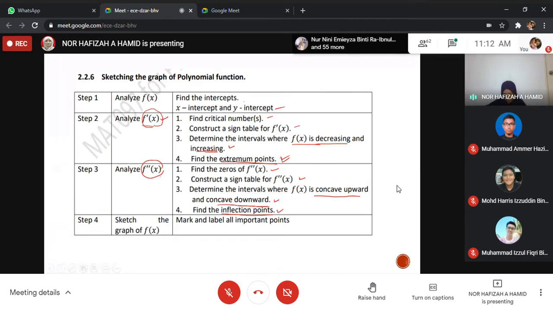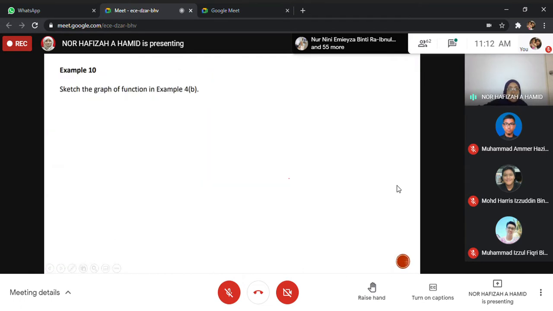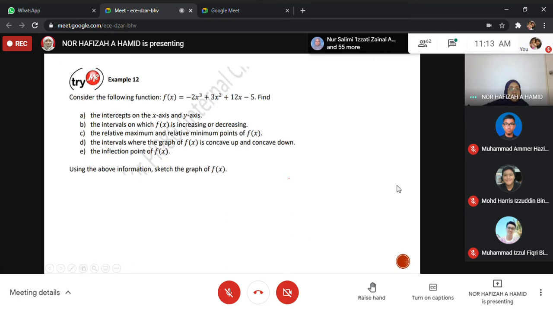Next we have example 12. So consider a cubic function, negative 2x cubed plus 3x squared plus 12x minus 5.